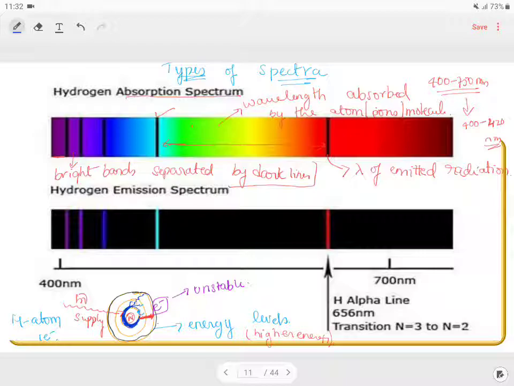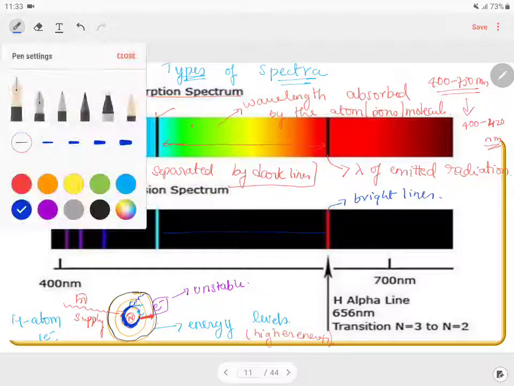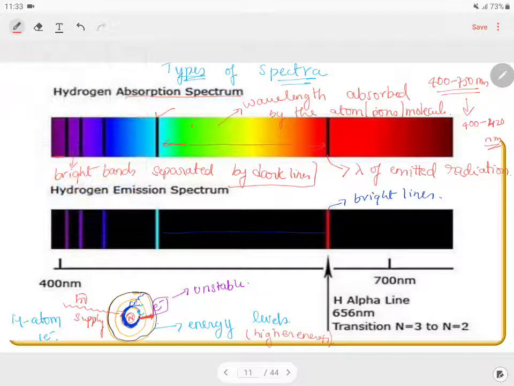Therefore, in case of emission spectrum, we observe only the wavelength of emitted radiation. So the emission spectrum will have bright lines separated by these dark bands. What do these dark bands correspond to?